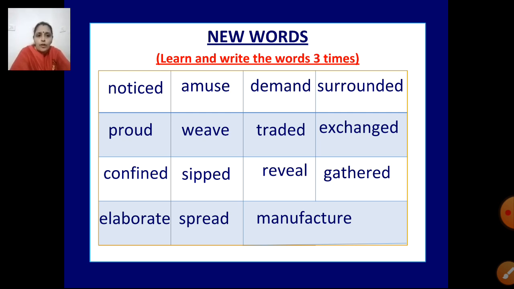Yes? Have you all written it down, children? Okay? So after this class gets over, you all are going to learn these new words and write them 3 times in your rough book.